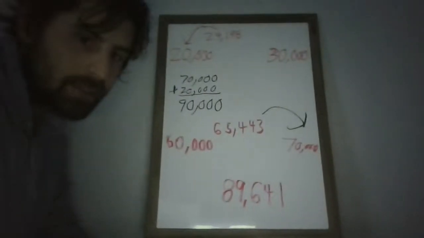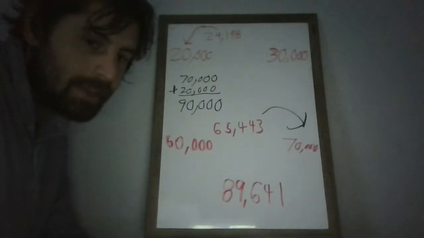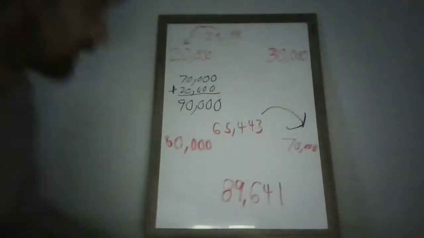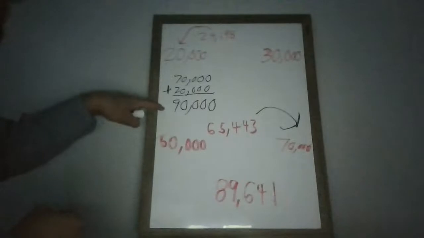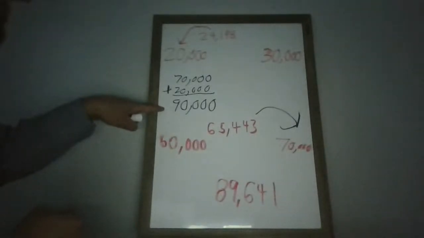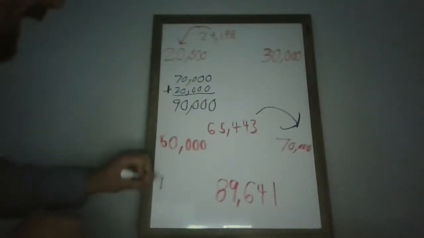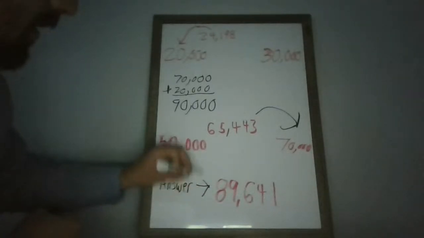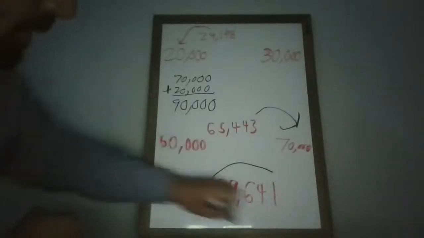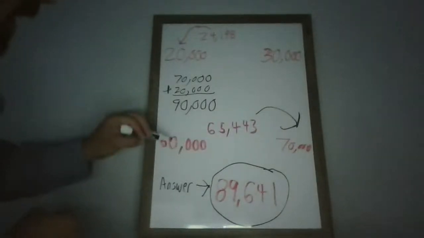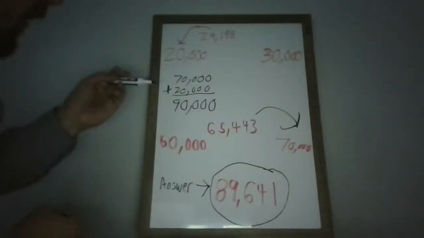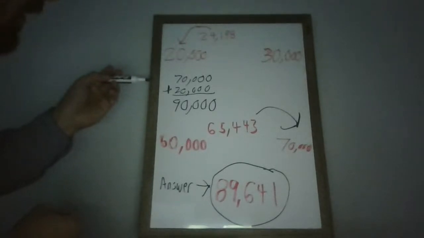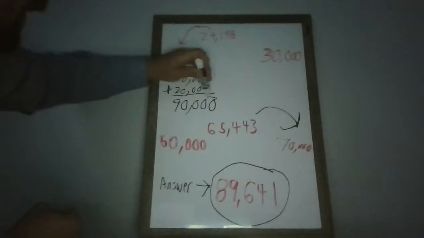So now we have to determine if, by the estimation, my answer is reasonable. Since we rounded to the nearest 10,000, looking at our exact answer, 89,641, that is pretty close to 90,000. 89,641 is very close to 90,000, especially if we're rounding to the nearest 10,000.